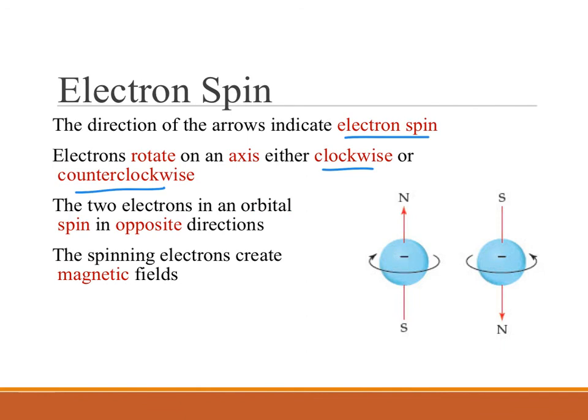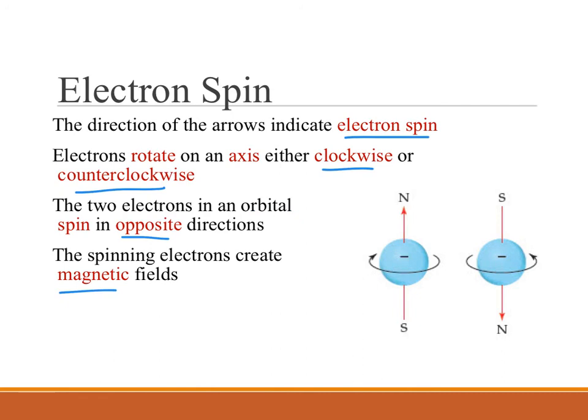So the electrons are spinning in opposite directions, and those spinning electrons create magnetic fields. If the orbital is full with 2 electrons, the 2 magnetic fields would cancel each other out. But if you have a lot of orbitals with only a single electron in them, then you have a greater chance of having a magnetic element.